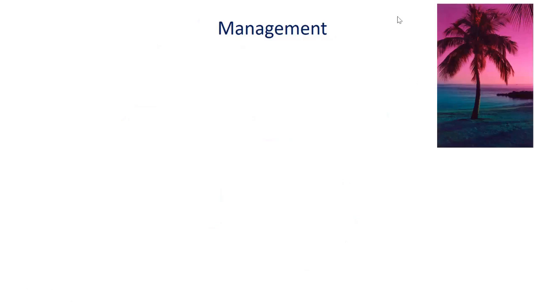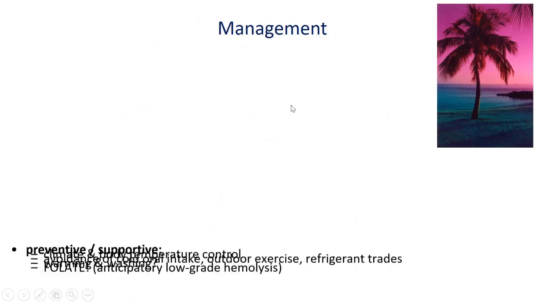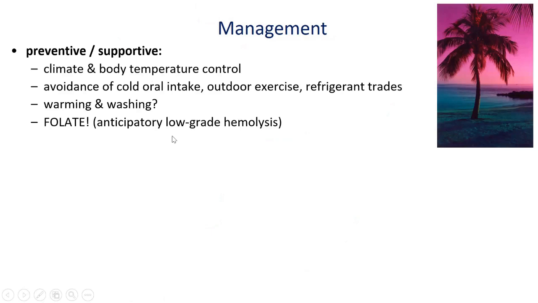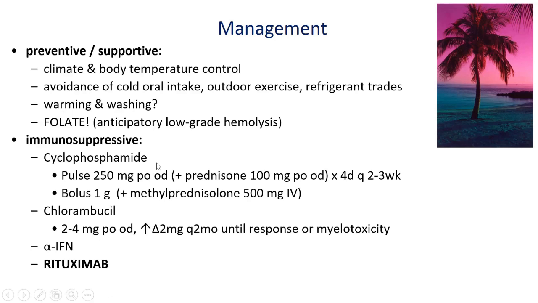So the management of cold immune hemolysis is to get the patient warm and to avoid occupations that expose the patient to discretionary cold situations. Classically speaking, various immunosuppressives were good at restraining the lymphoplasmacytic output of the IgM or IgG that was causing the cold agglutination or PCH respectively.